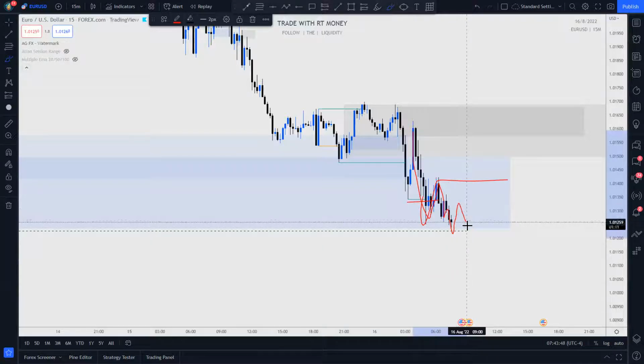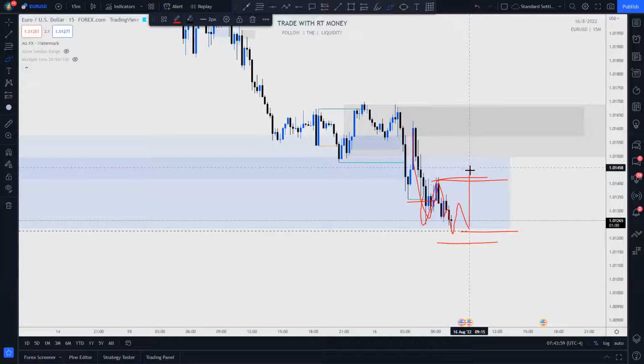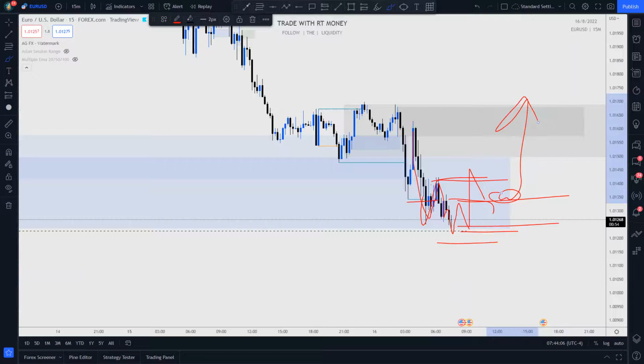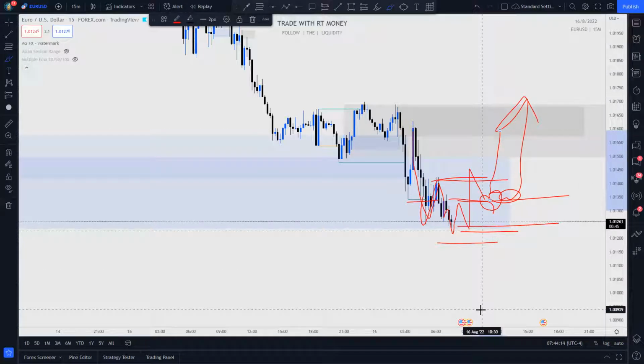If price continues to dither here without taking that low out, I'm looking for a break above and a pullback. I believe this would represent a good opportunity to take an opportunistic buy up into this supply.